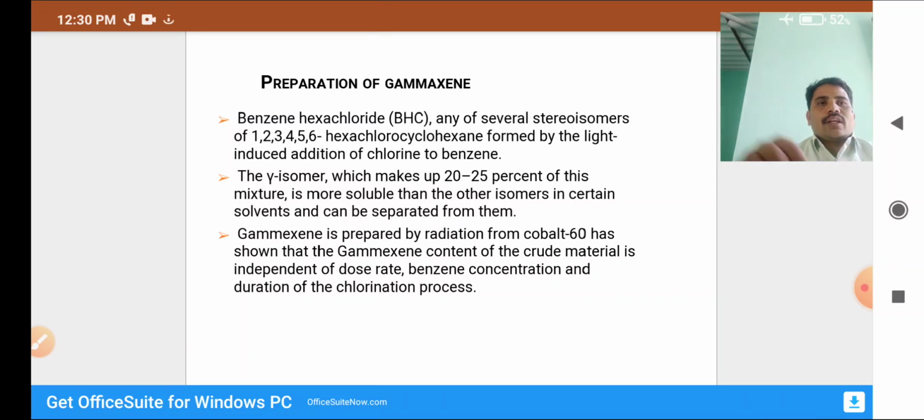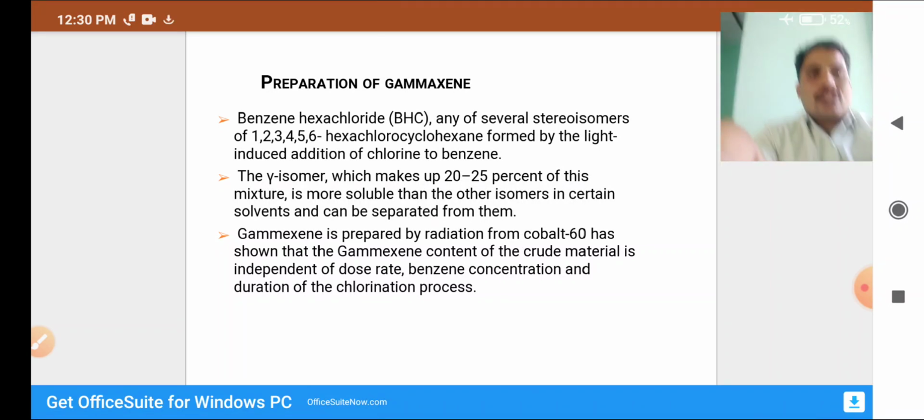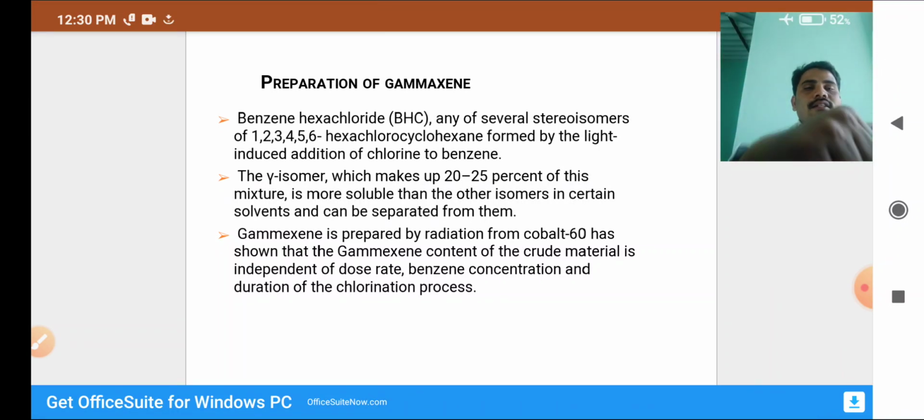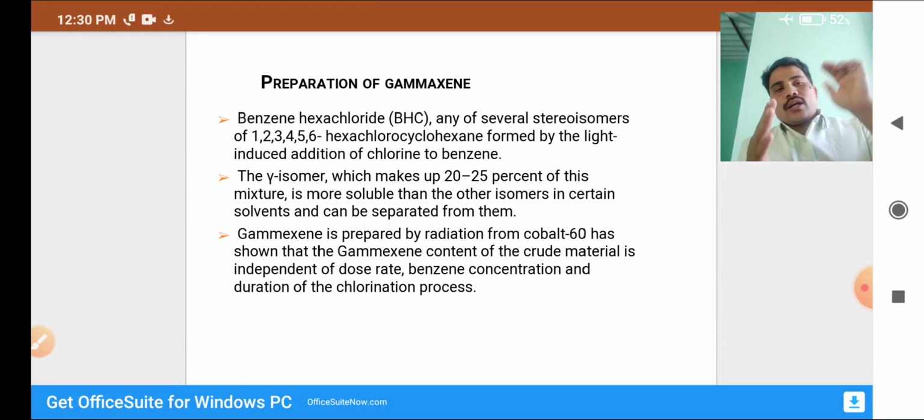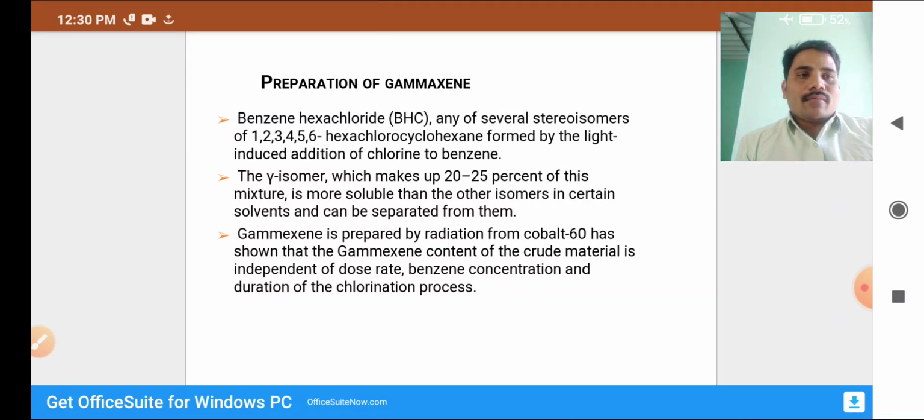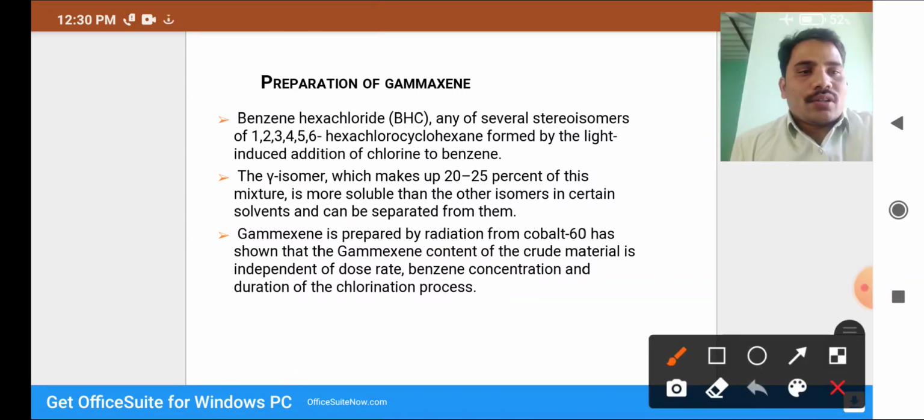Light here means sunlight. The bonds in the benzene ring break so that chlorine attaches to the carbon atoms. I am showing this on the slide.